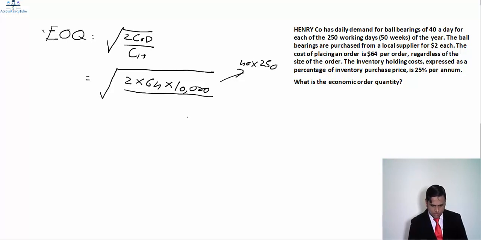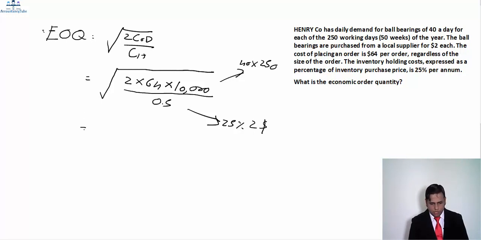And then we need our holding cost. Now holding cost is 25% of the purchase price, that is 25% per annum. So 25% of the purchase price we have, which is $2 each, if you multiply and get 25% out of this, is 0.5.